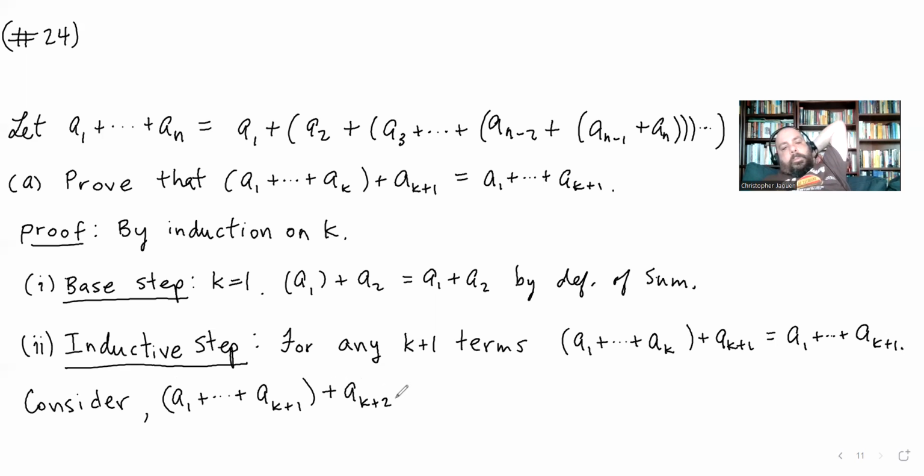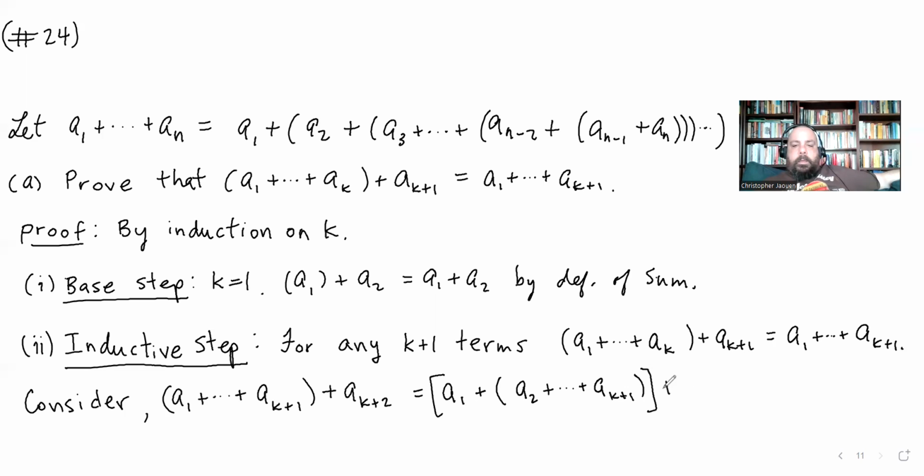All right, then we can use the inductive hypothesis to write the sum that's in the parentheses as A1 plus A2 plus dot dot dot AK plus one, plus AK plus two.